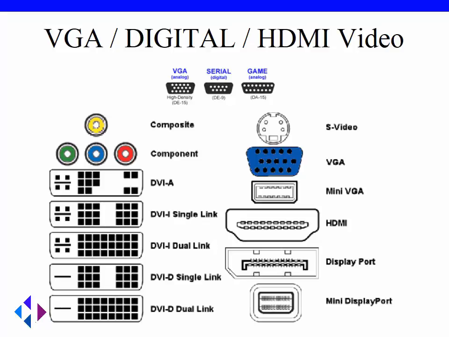With composite, you would always have green, blue, and red as separate video, or they could have it combined into a single yellow connector, which would comprise the green, blue, and red. S-video always looks like a small DIN plug, except it only has 4 connectors inside.